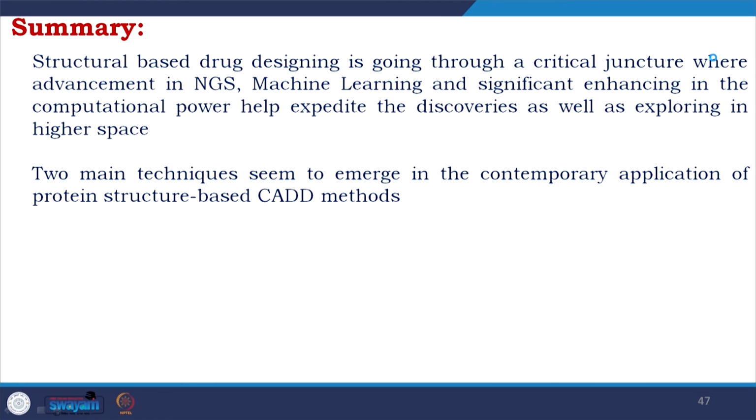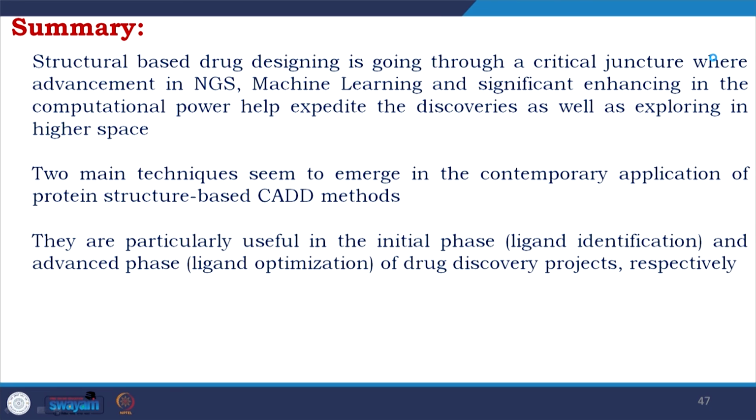Two main techniques seem to emerge in the contemporary application of protein structure based computer assisted drug discovery methods. They are particularly useful in the initial phase, which is ligand identification, and also the advanced phase, ligand optimization, of drug discovery projects.